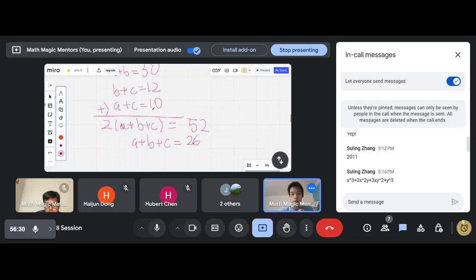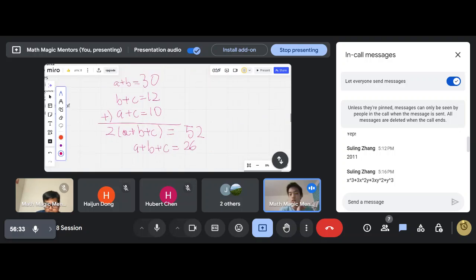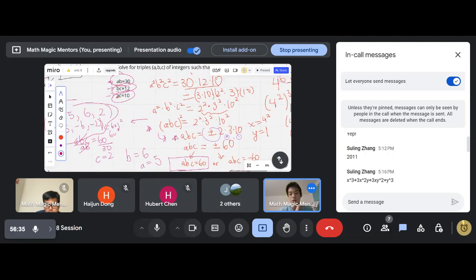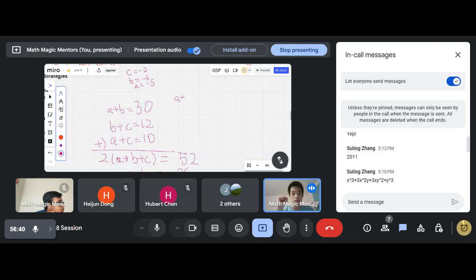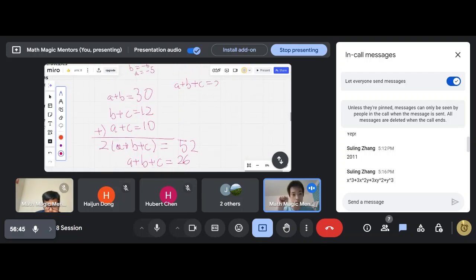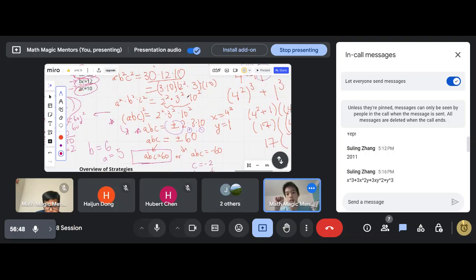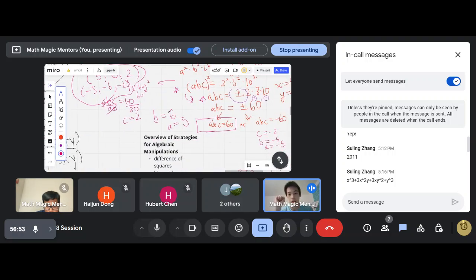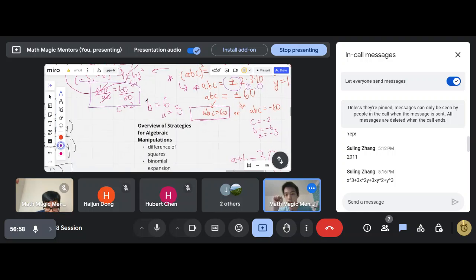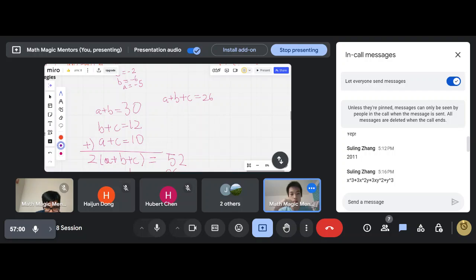And then what do we do with this intermediate equation? Well, we can do almost the same thing that we did above, right? Let's write this intermediate equation down. A plus b plus c equals 26, just like we did with abc equals 60 right over here. I'm going to trace this in purple so that you can see the connection. So abc equals 60, a plus b plus c equals 26, and let's write the first equation down to solve for c.